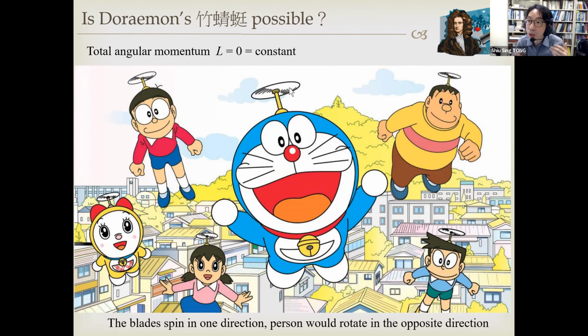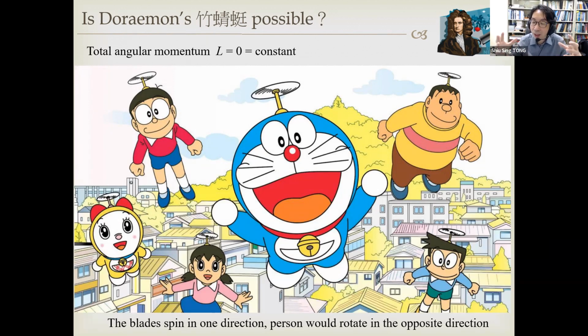But according to the conservation of angular momentum, if the blades increase the speed of rotation, that means its angular momentum is increased. But since Doraemon together with the blades is a system, an isolated system, right? So if the blades have their angular momentum increase, Doraemon must have an angular momentum increase in the opposite direction, in order to cancel that increase in angular momentum.